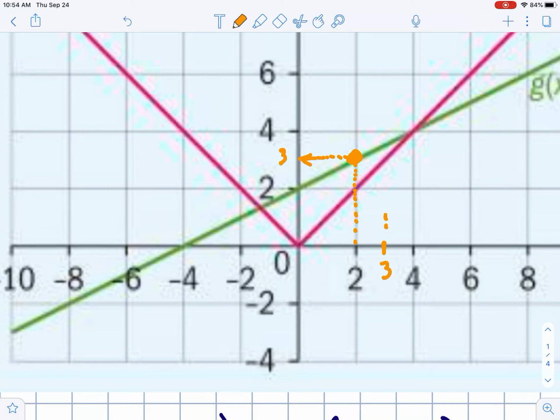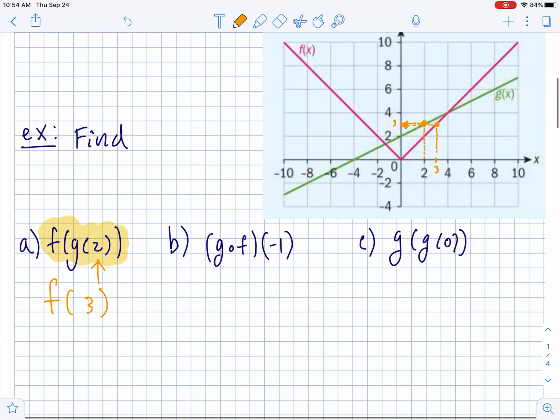So here's 3 on the x-axis, and then you trace it up to the f function, and then trace it over, I will get another output of 3. Lame example, book. That could have been way more spicy. So this whole thing is equal to just 3.